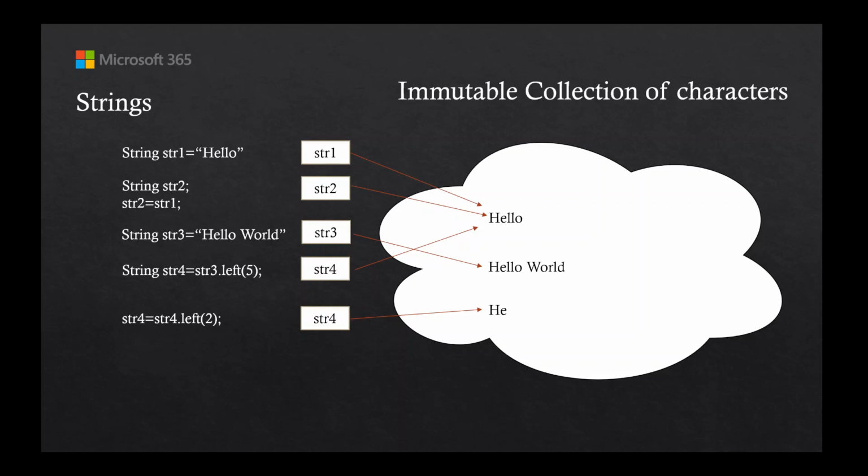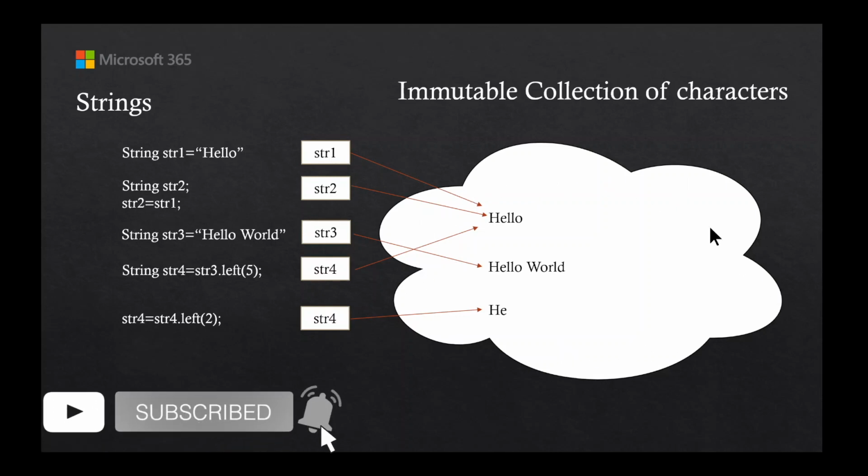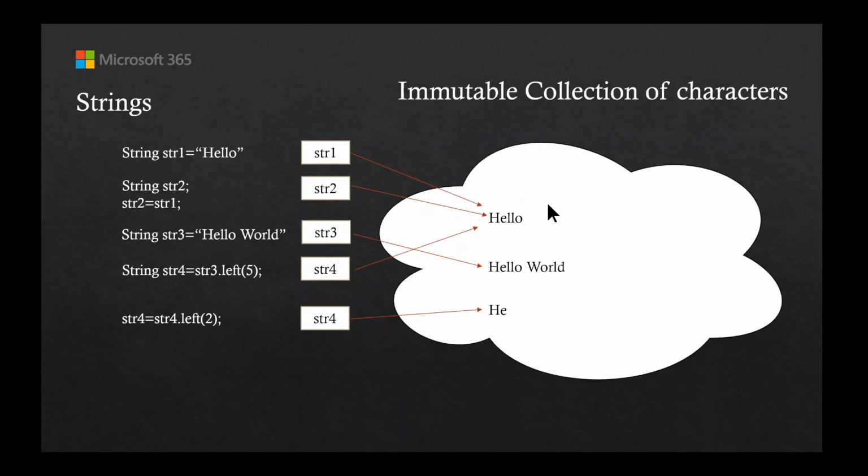So what the runtime will do, it will check in this memory pool, or string pool, whether there exists a value which is called hello. If it exists, it will point you to that value, even though you did not explicitly set that, like here. You will still get the reference of hello.